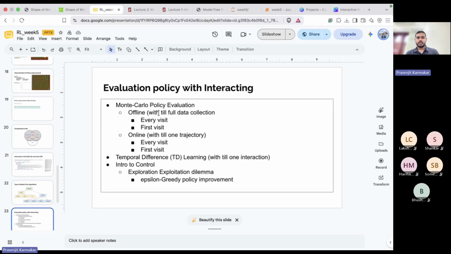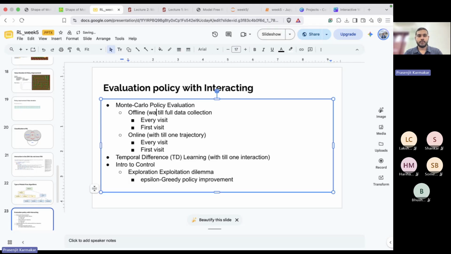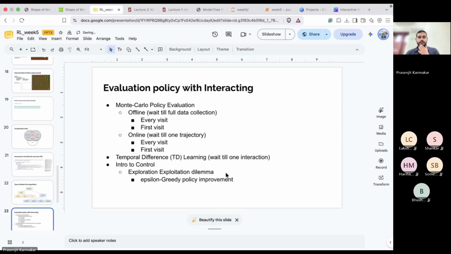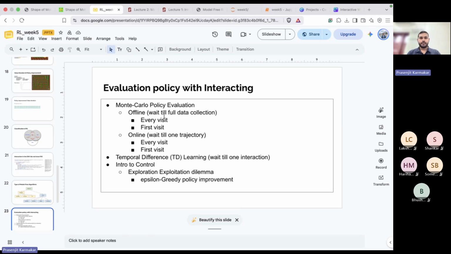We wait until the entire data collection is done. Let's say we don't have access to P and R, but we know a policy pi because we are trying to evaluate a policy pi.